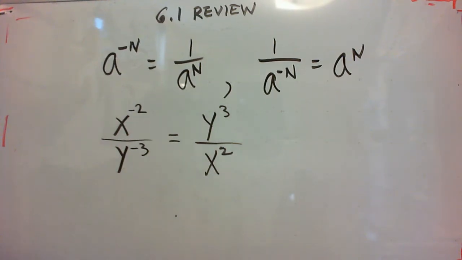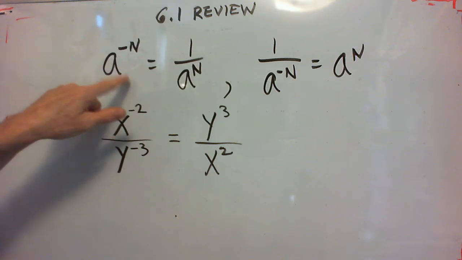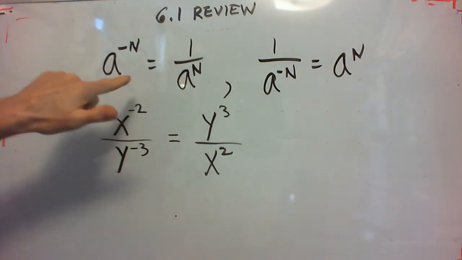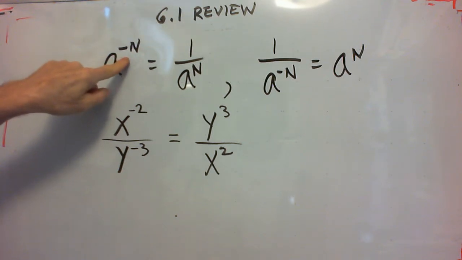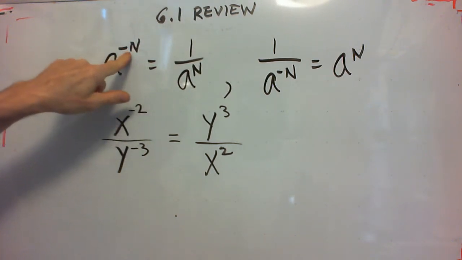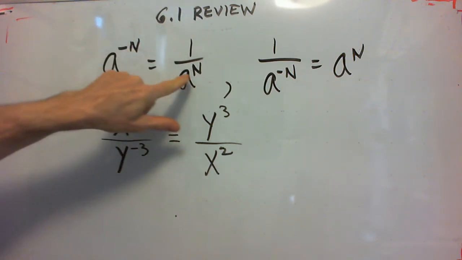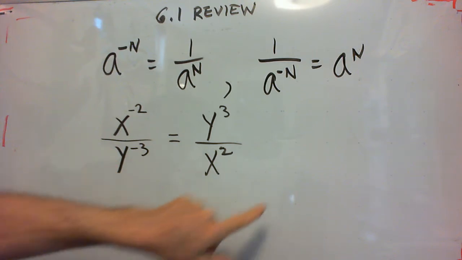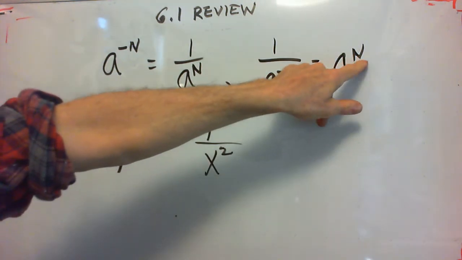Okay, the next few problems deal with negative exponents. I know this is in your notes, but I thought I'd just go over it quickly before we get into these. Again, a to the negative n power is 1 over a to the positive n power. And if you have 1 over a to the negative n power, it becomes just a to the positive n.